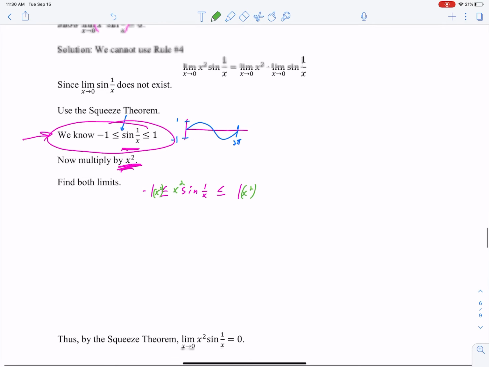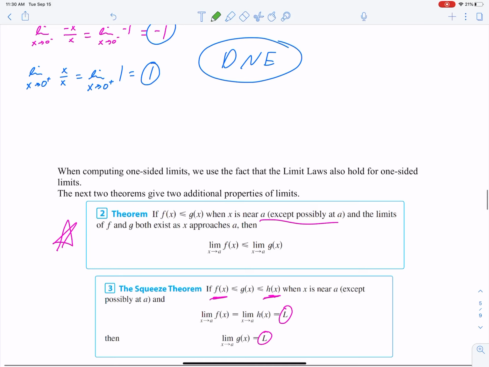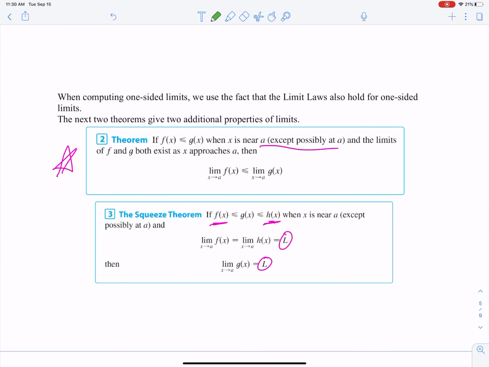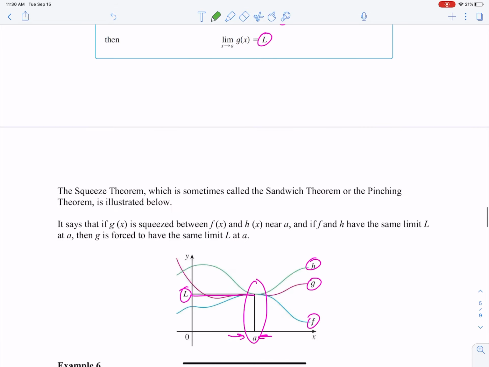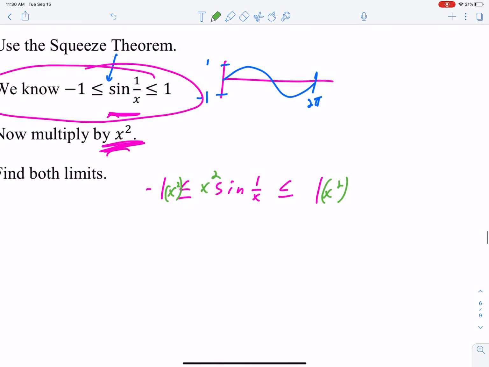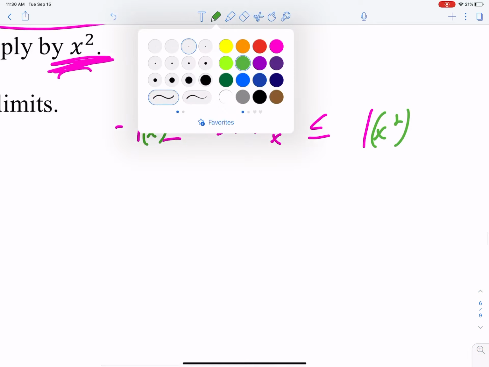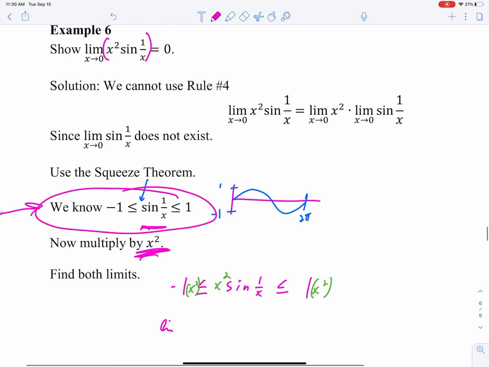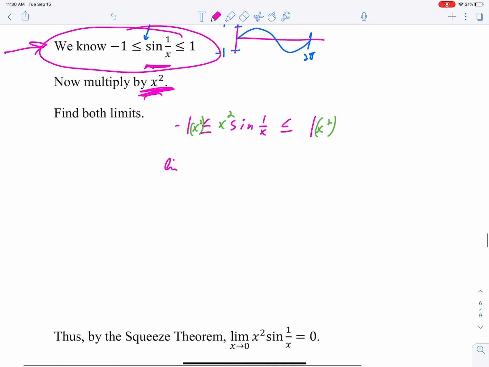Now we have that. We had another rule up here that says we're allowed to apply the limits to all the pieces. Where did it go? Right here, number 2. We're allowed to apply limits to inequalities. So this is what we're going to do. We're going to take the limit of each of these three pieces. Oh, and what limit are we doing here? From up here, x approaches 0.